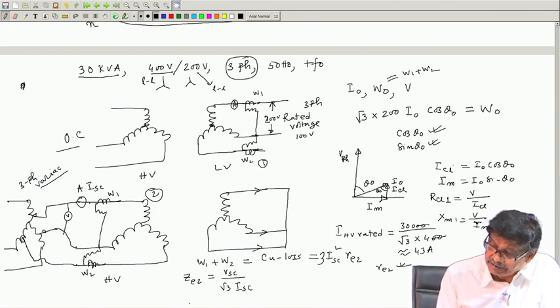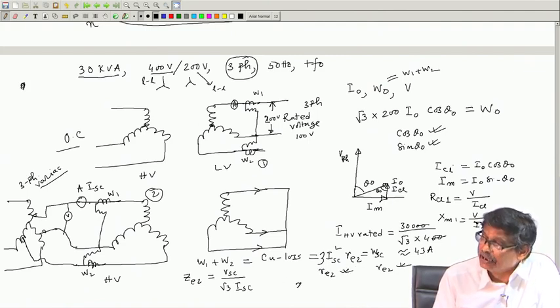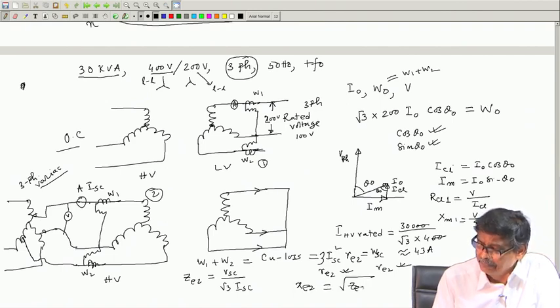Once you get this, RE2 is known from WSC, then XE2 can be separated, which is equal to root over ZE2 square minus RE2 square.